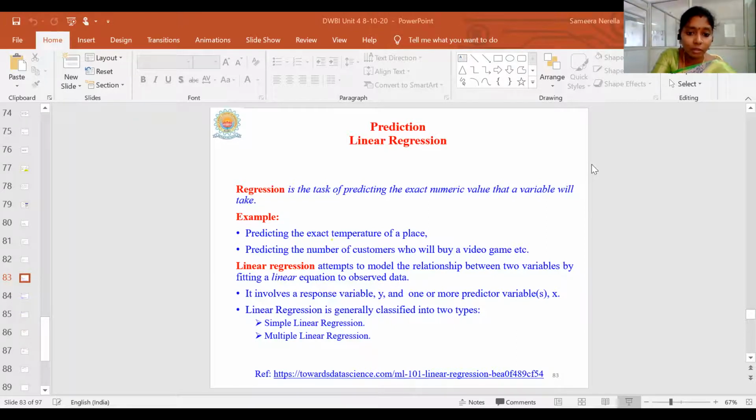This is a 2 by 2 matrix whenever you have two labels. I'm showing an example of the confusion matrix whenever you have only two classes, because we have taken the example of buys computer equal to yes and buys computer equal to no. We are dealing with only two classes in that example.